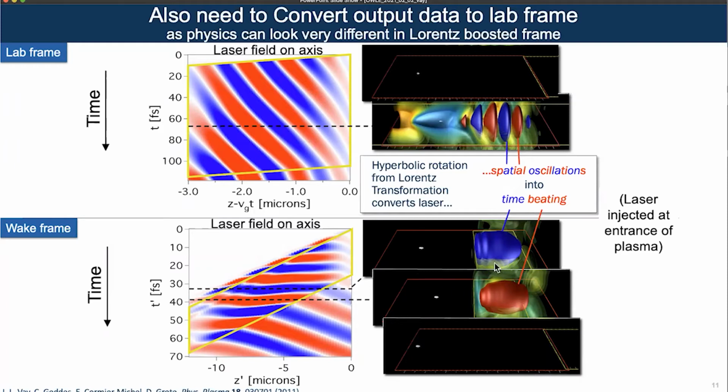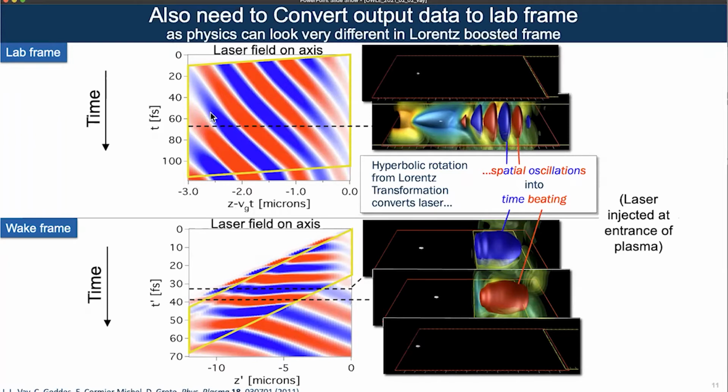One way to understand the difference is to look at the laser on axis and its time evolution, and compare that to what happens in the boosted frame, where, for a given frame, you have a so-called hyperbolic rotation of your axes.